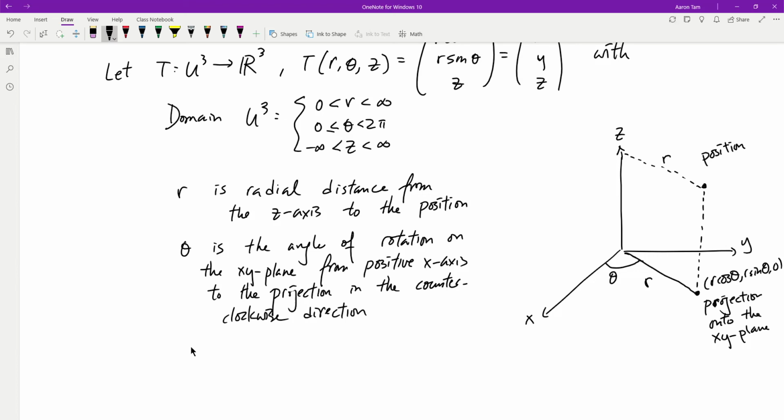And then z is simply the signed distance, meaning it can be positive or negative, from the xy plane, which is basically what this distance is.